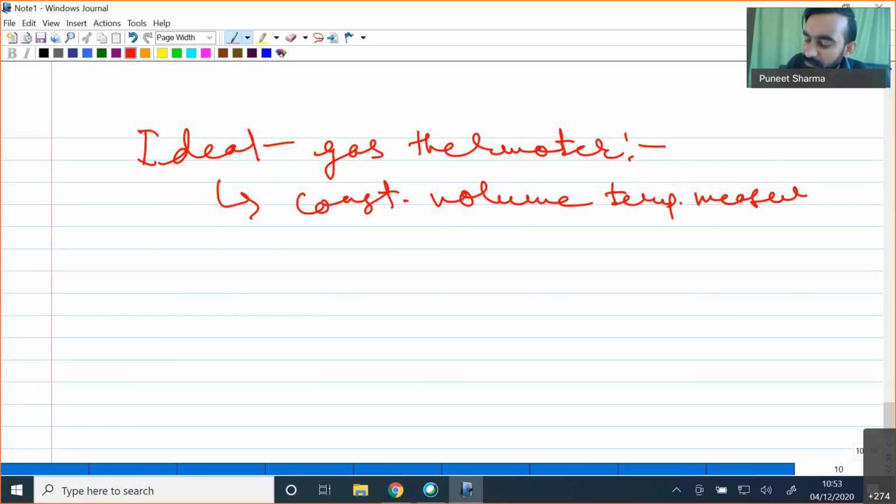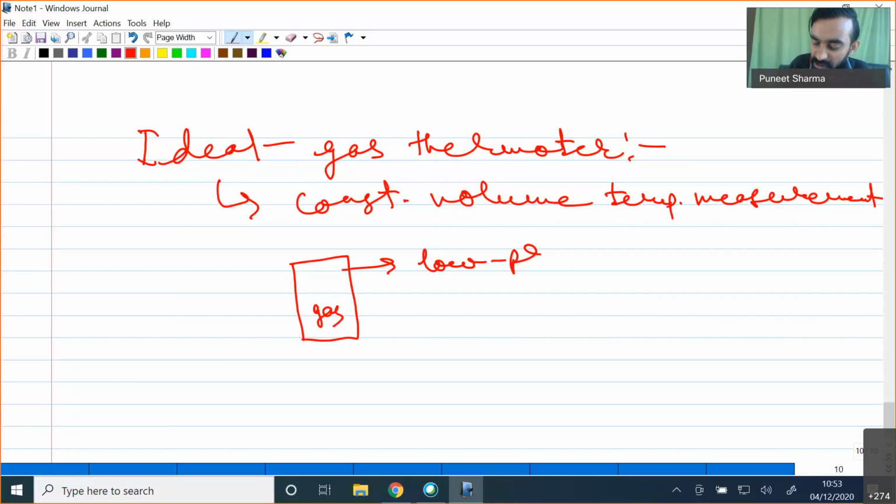Okay, so what we do is take a container, and inside this container we will have some gas. Normally we keep this gas at low pressures, because only then will it behave as an ideal gas.